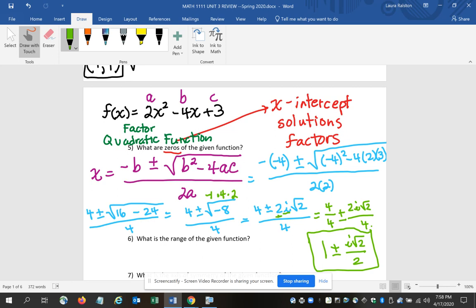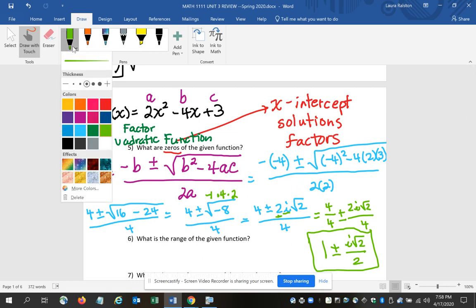So visually, if you were to look at the graph of this quadratic function, and we'll do that in just a minute so I can show it to you, you're going to see that there are not any x-intercepts. So if you're really looking for real zeros, let me make a little note off here to the side.